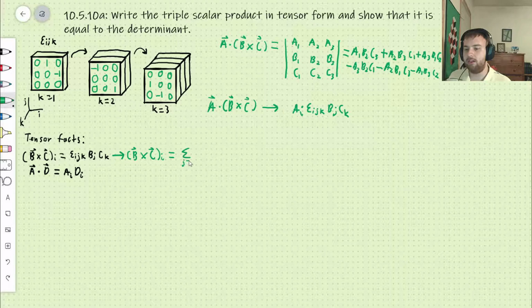So this is j from 1 to 3, k from 1 to 3, and that's e_ijk b_j c_k. So it's kind of confusing at first as to why these summations are left out.